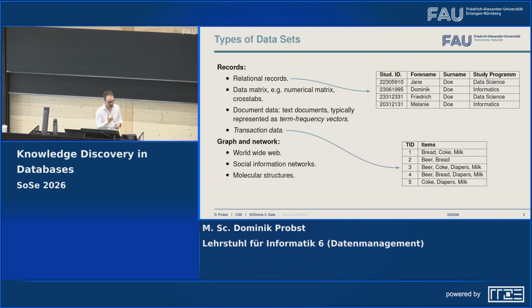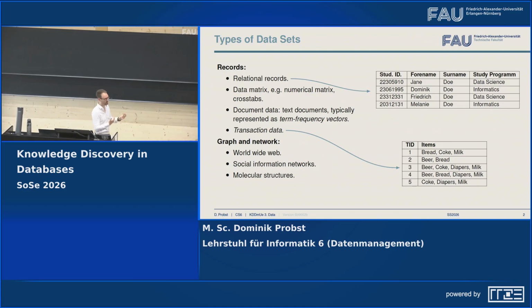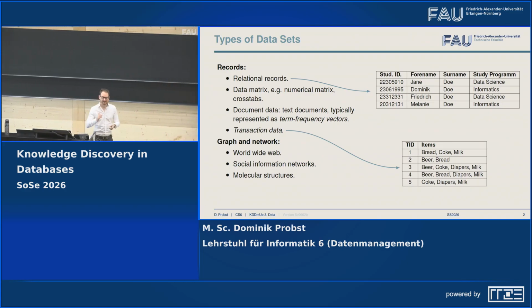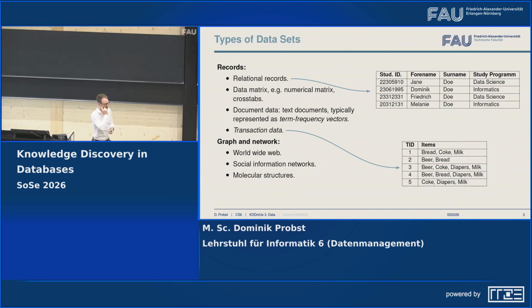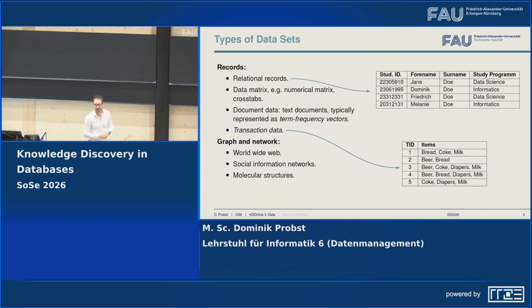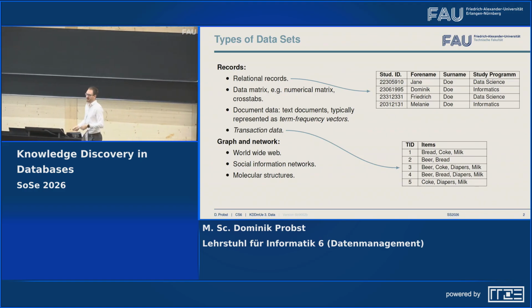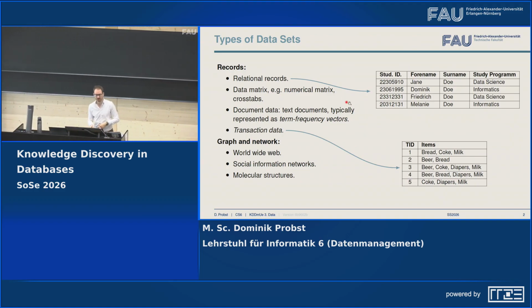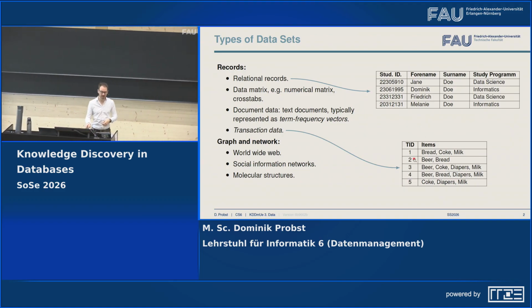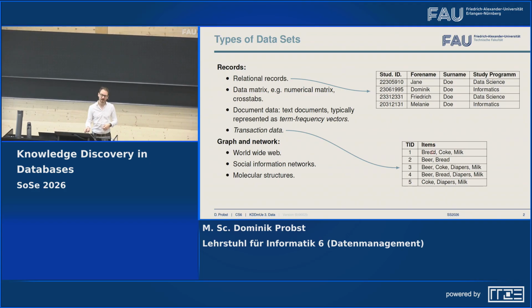We are also able to work with document data, so text documents, or, and that's very important for the chapter on frequent patterns, transactional data, where we will mostly work with transactional data sets. Transactional data sets are similar to relational records, but they include an ID, and then multiple items are part of one ID.